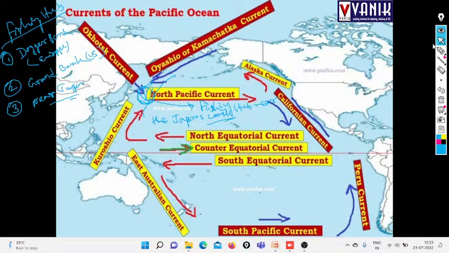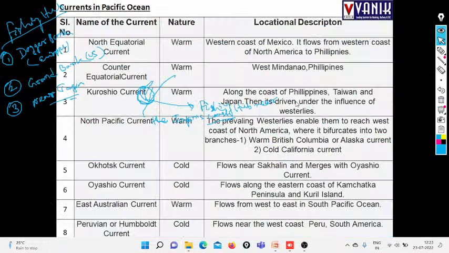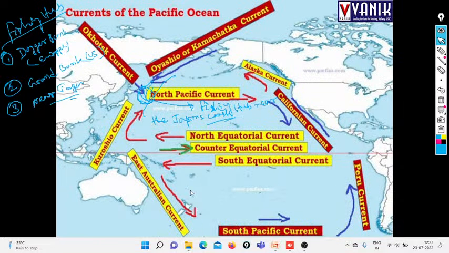Next, these are the cold currents. Then the current is the East Australian current. East Australian current, that flows along the eastern coast of Australia.